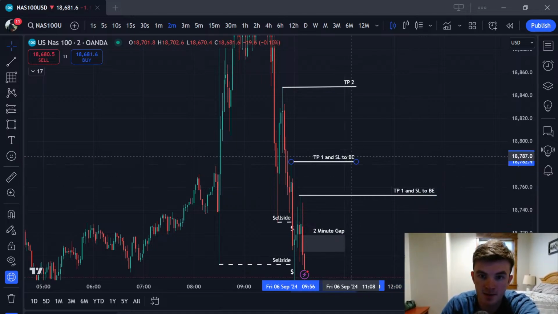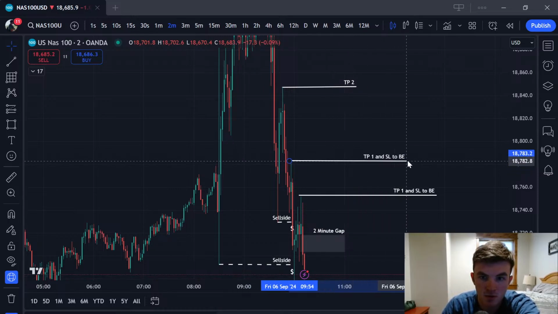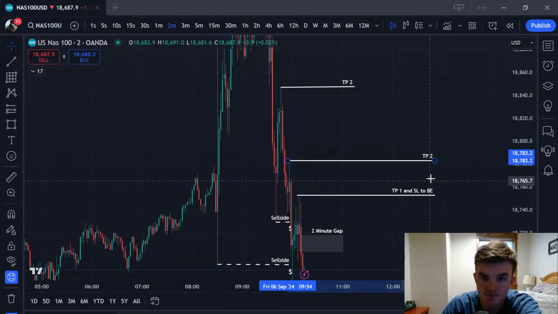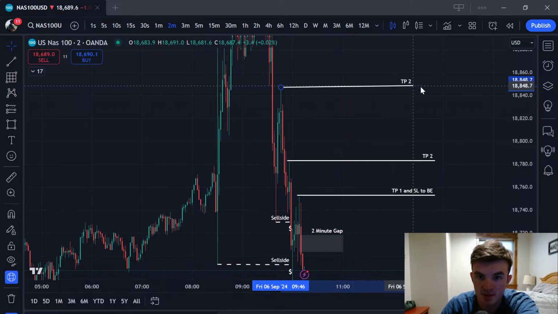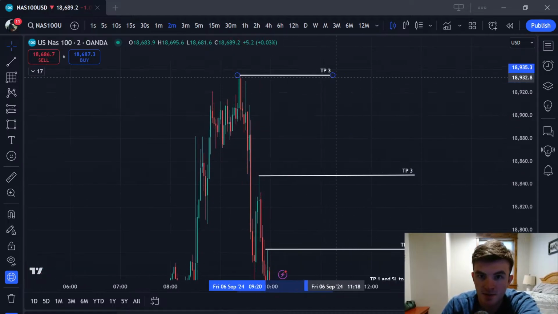This will be TP2. This will be TP3. And this will be TP4.